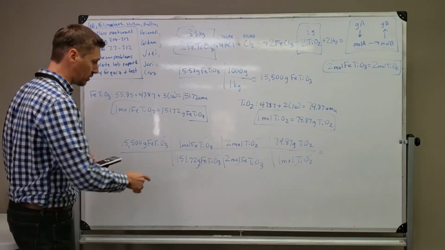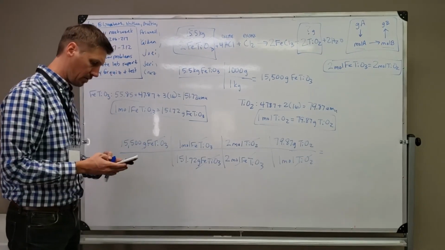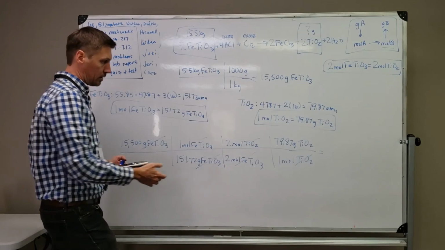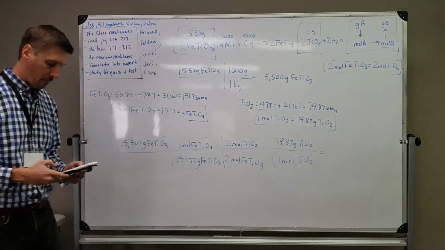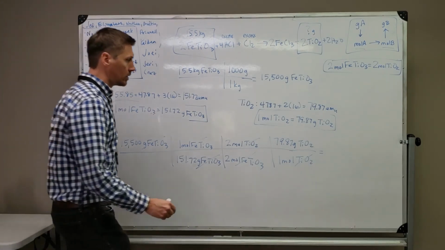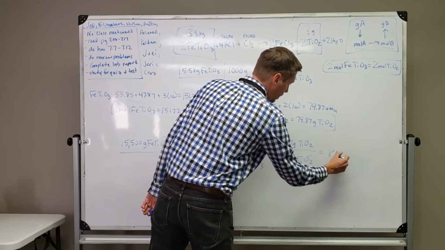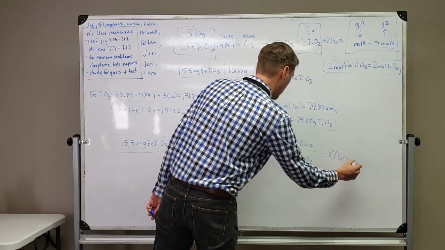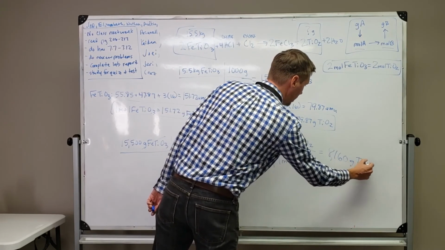I just have to make sure that with all of these on the bottom, I do divided by those. Divided by 2 and divided by 1, which we don't have to do. So I get an answer of 8,159. Is that what you got in the book? 8,150, right? On mine, I would round up to 8,160 grams of TiO2.